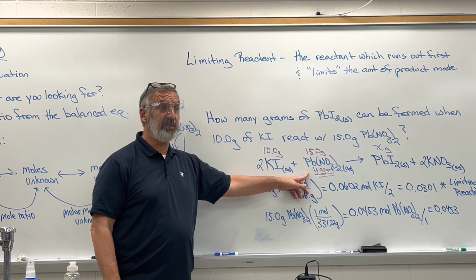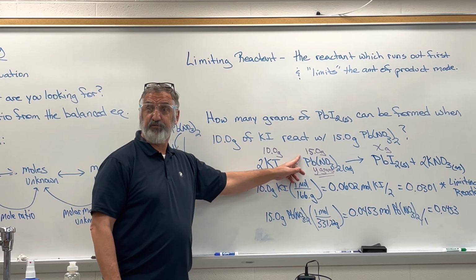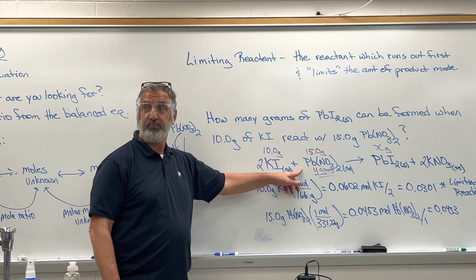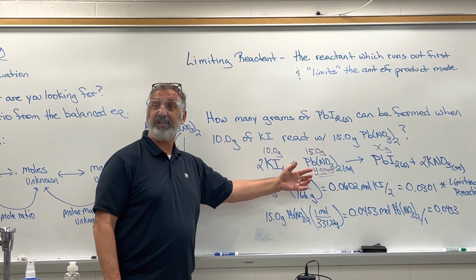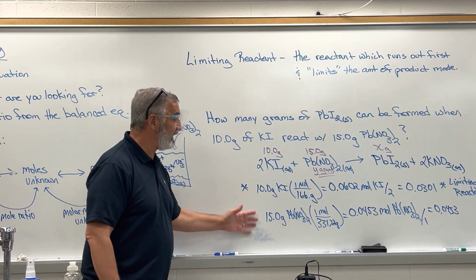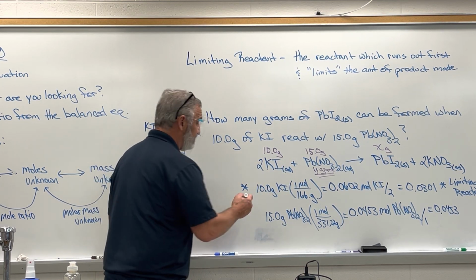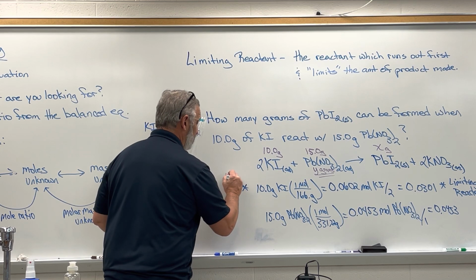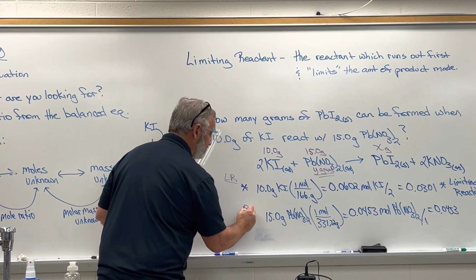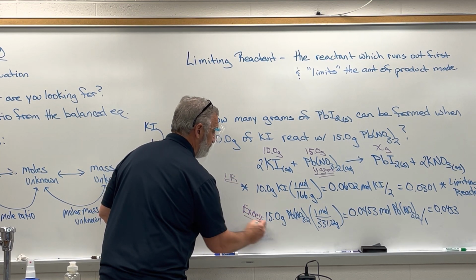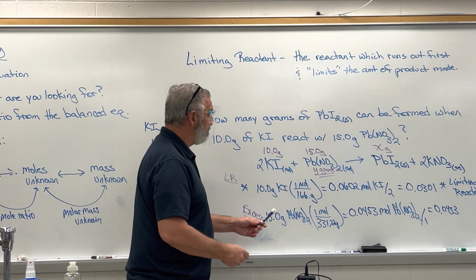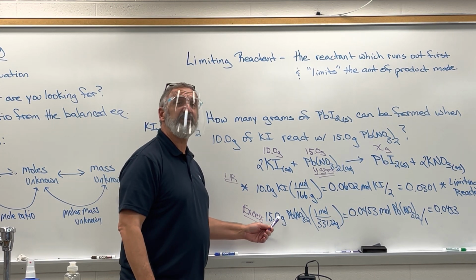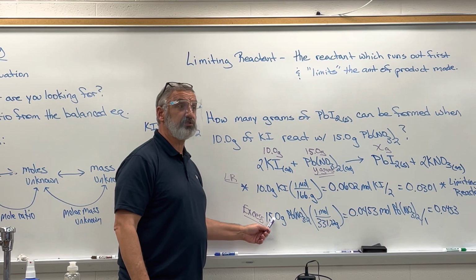So what's the excess going to be? Oh, it didn't get used. What didn't get used, the difference between the two, right? So when you find the excess, we do the limiting reactant. I know that this one is limiting, LR, and this one is excess. So I just make this my unknown and find out, well, how much of my excess actually got used?